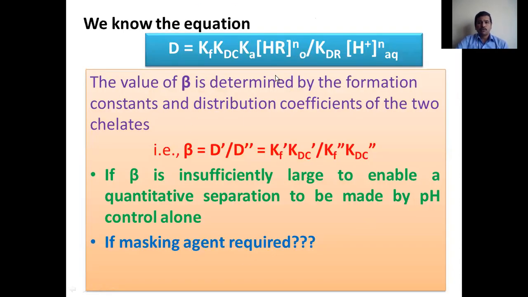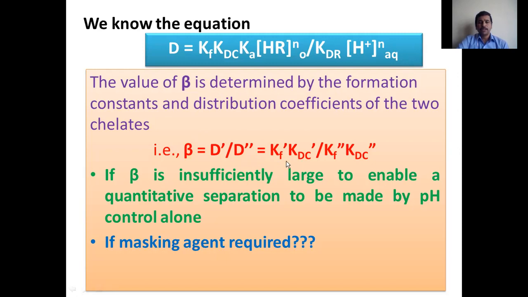So let us go back to one of the equations, that is D is equal to Kf into Kdc into the concentration of HR to the power n in the organic layer, divided by Kdr into H plus concentration to the power n in the aqueous layer. So we know the value of beta. That is D dash divided by D double dash, where D dash should be significantly greater than D double dash.